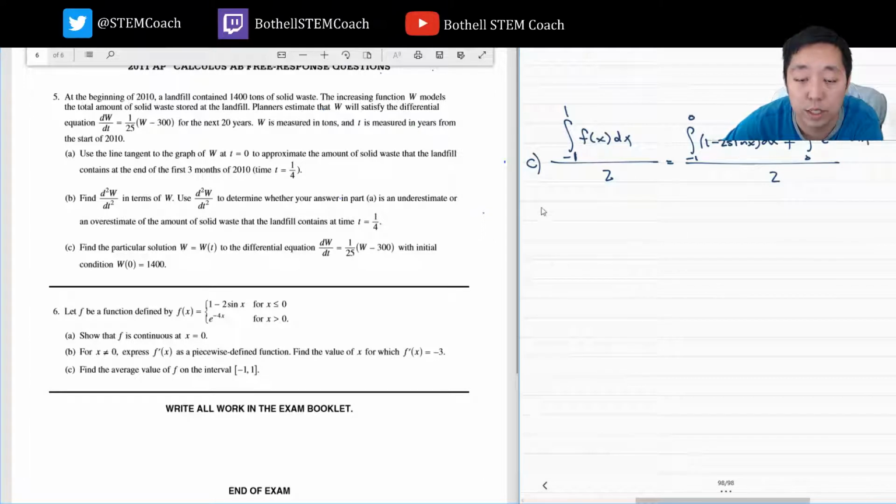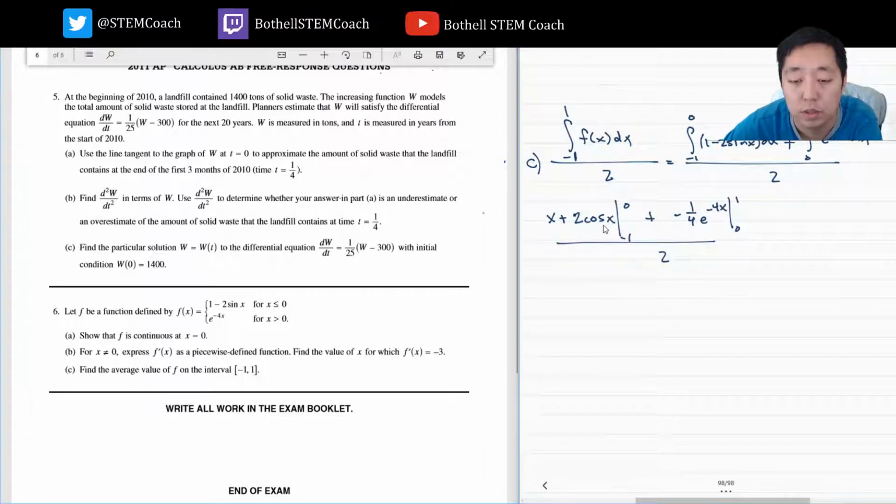For this first integral, it becomes x plus 2 cosine x from negative 1 to 0, plus negative 1/4 e to the minus 4x, evaluated from x equals 0 to 1, all of that divided by 2. This becomes 0 minus negative 1, so that's 1, plus cosine of 0.